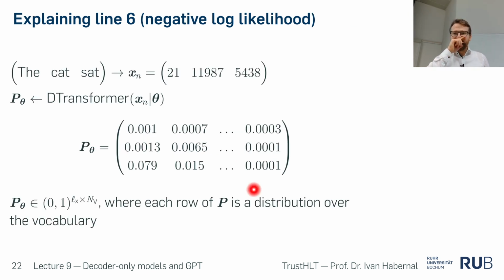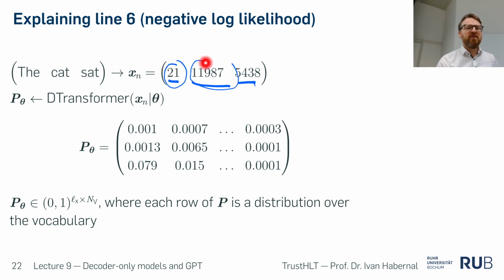So we have an example here. The cat sat, okay, so we transform this into 3 numbers. What are these numbers again? Not really. Each word corresponds to a number. What are these numbers first? Yeah, exactly.